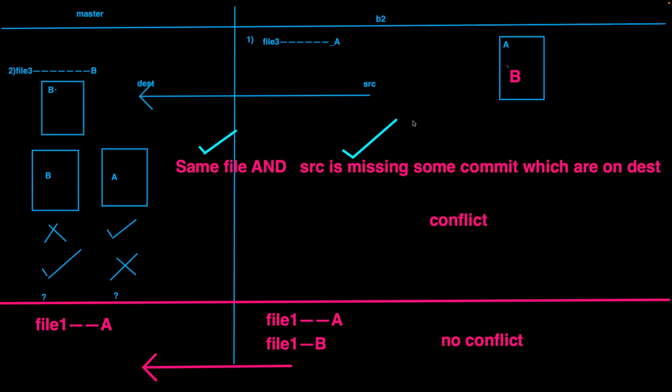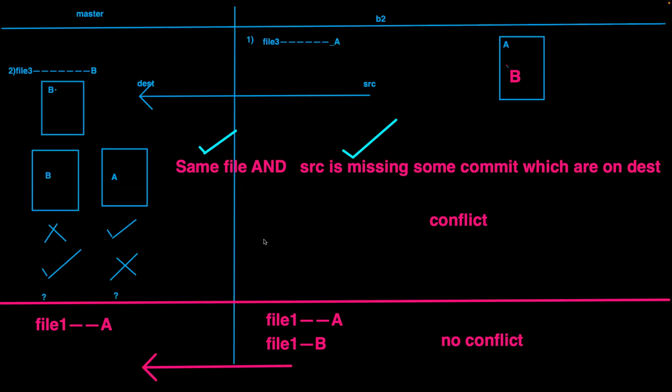On the same file, your source branch should not be missing some commits which are on the destination. You get a conflict for the same file, but then what? Same file, and your source is not having some commits on that file which are on your destination branch.